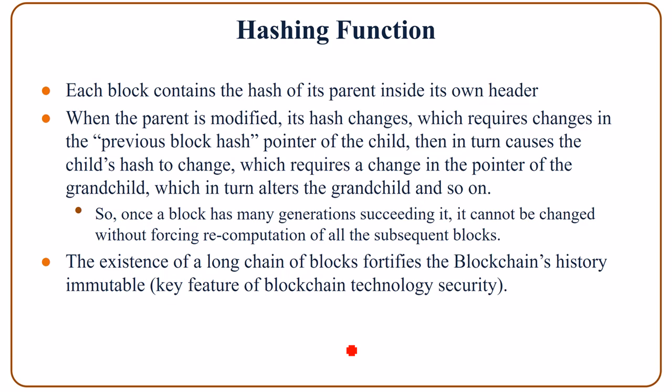This leads to the change of the previous block hash pointer of the child. The change of the pointer then causes the change of the hash of the child as well, which leads to the change in the pointer of the grandchild, and the change of the hash of the grandchild, and so on.